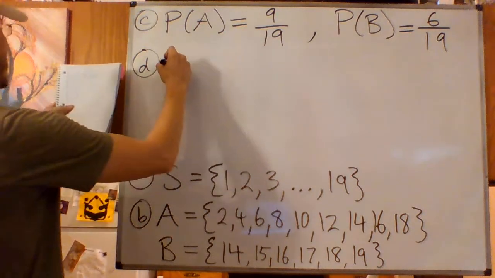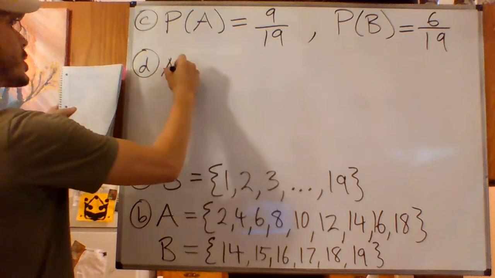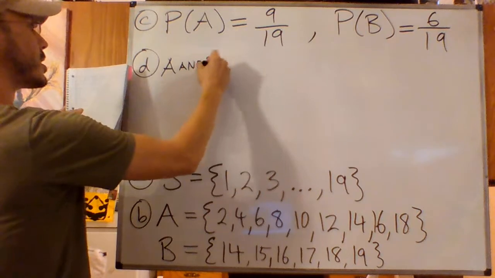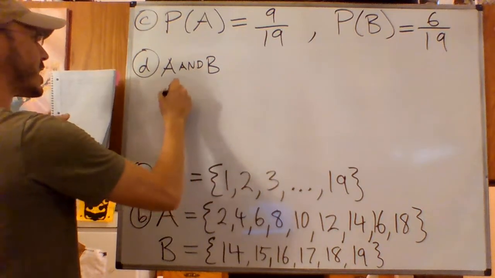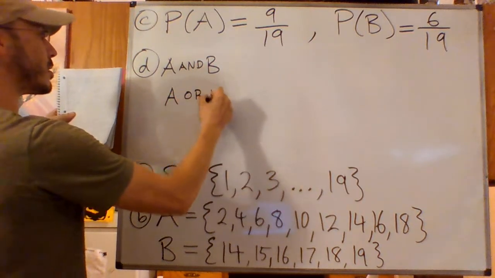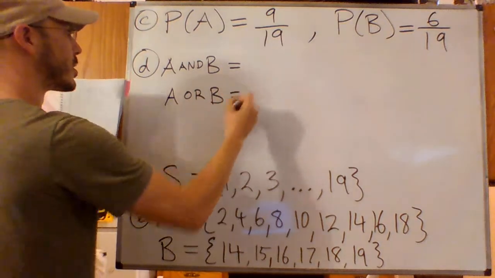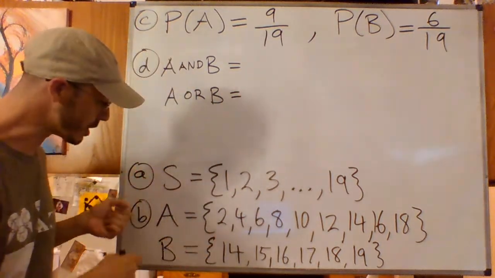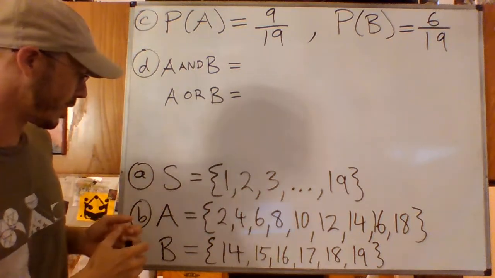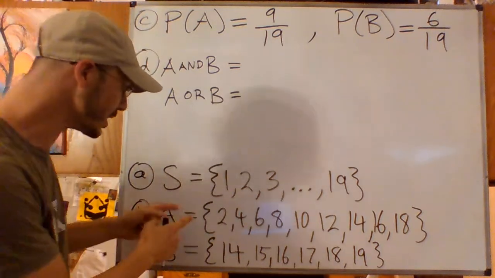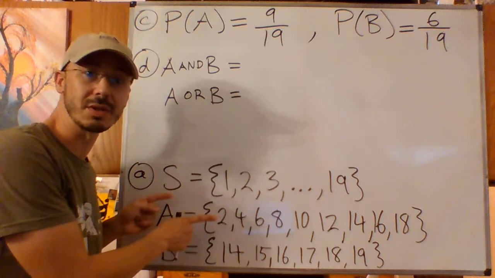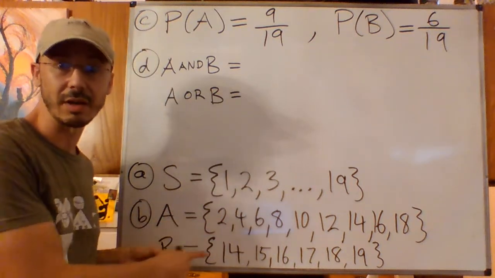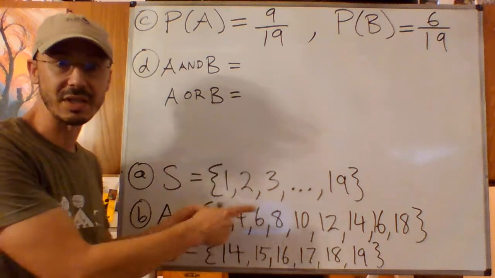For part D, we're going to find A and B, and we're also going to find A or B. So A and B, the outcomes that are in both A and B. Well, since A is all the even numbers, I really just have to get the even numbers that are in event B. 14, 16, 18, that's it.